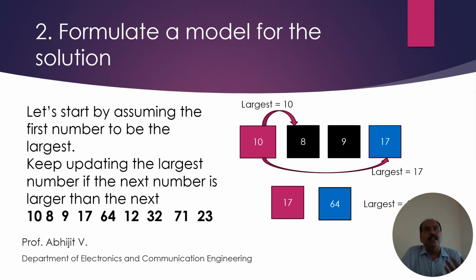And then I'm comparing 17 with the next number, and so on. This is one among the several logics that can be applied to find out the largest number from a given set of numbers. So you understand what is meant by formulating a model? All of you?